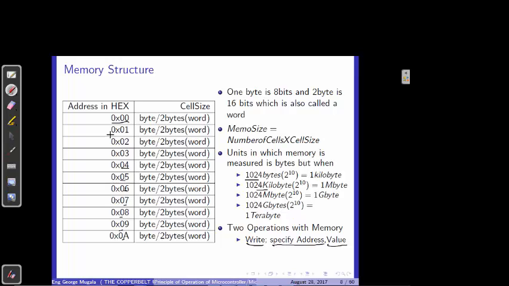For example, you can have 001, which is in hexadecimal. That is the cell location. If you want to write something, you need to specify the address, like 0x01, and the value you're trying to write, say CB or CA.